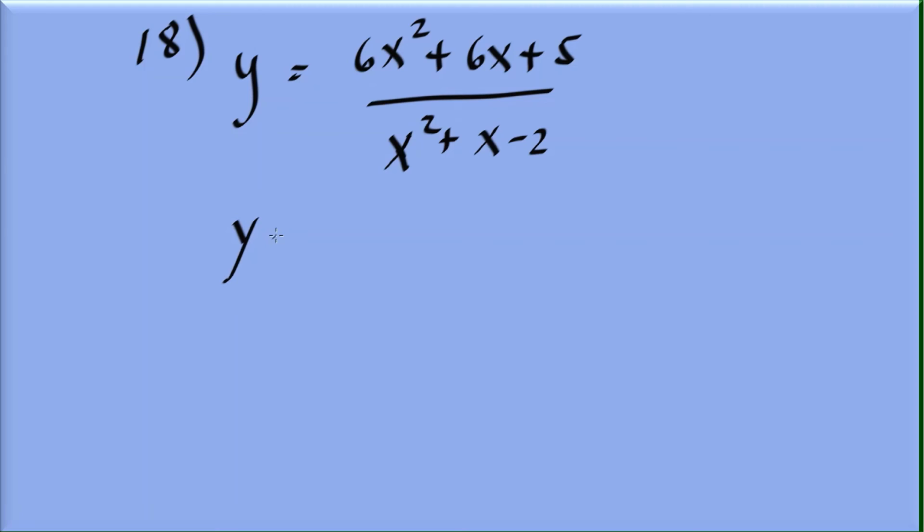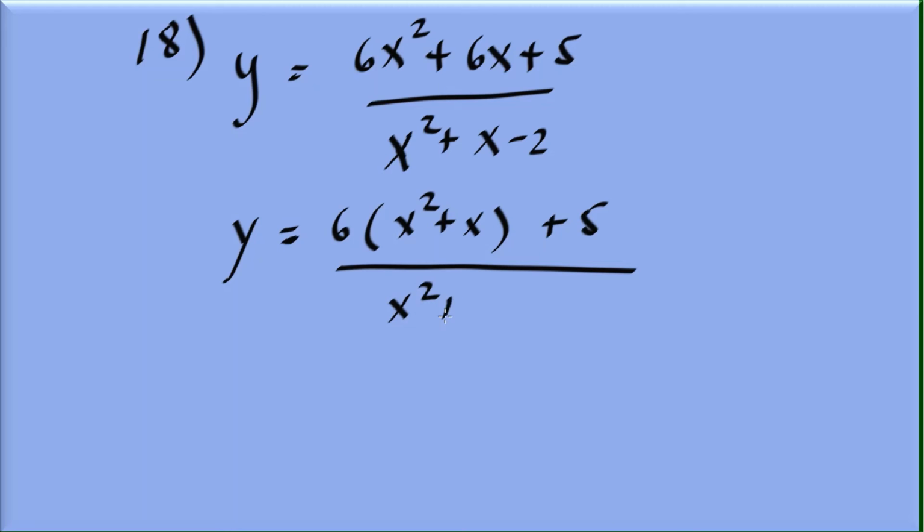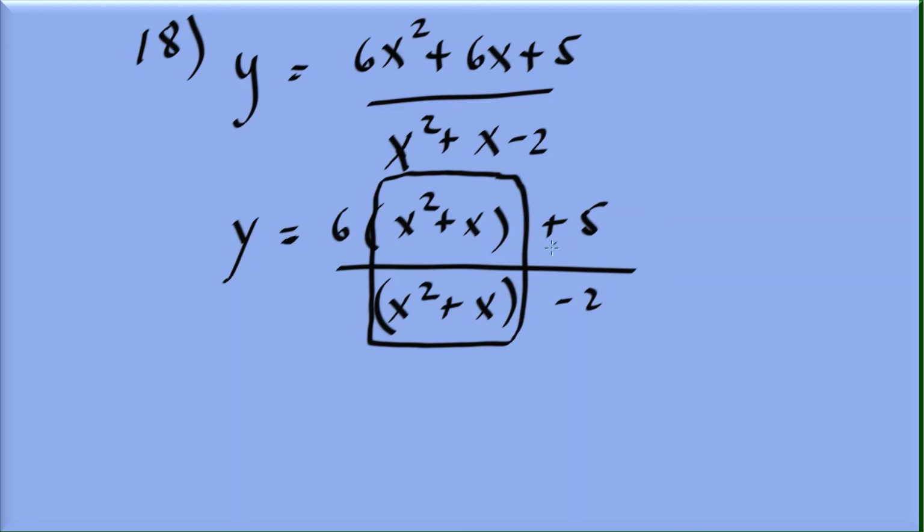But if you try to factor out the 6 on the top, what do you have? You got this x squared plus x plus 5, over x squared plus x. If I enclose this, just to make it obvious that the literal parts are exactly the same now, followed by constant. So again, you can use the quotient rule shortcut here.